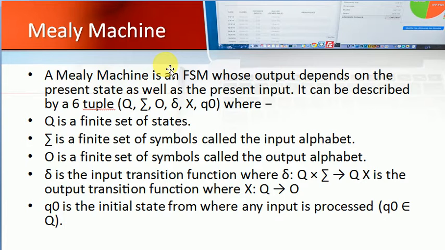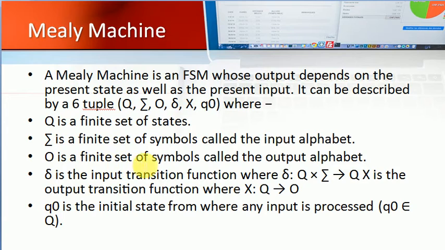What is a Mealy machine? A Mealy machine is a finite state automaton whose output depends on the present state as well as the present input. It can be described by a 6-tuple (Q, Sigma, O, delta, X, q0), where Q is the finite set of states and Sigma is the finite set of symbols called the input alphabet.